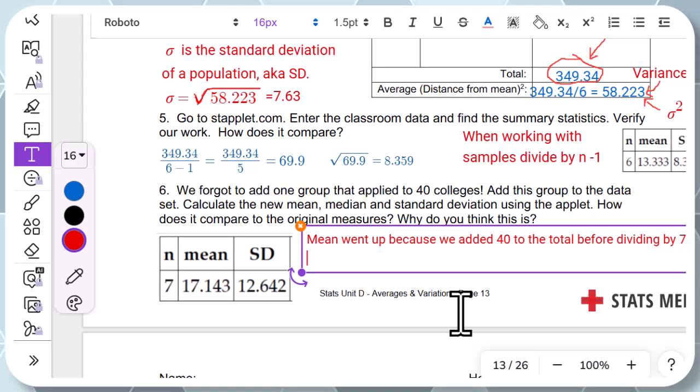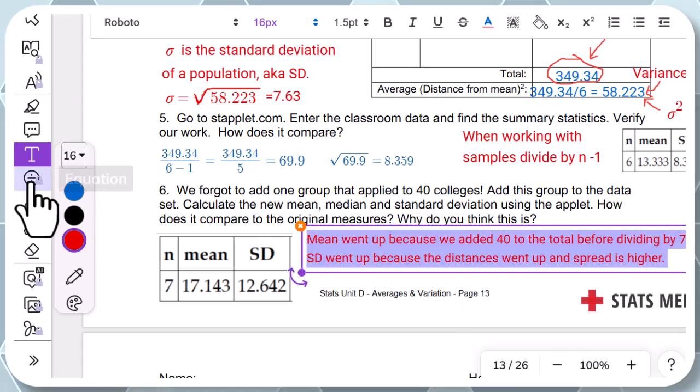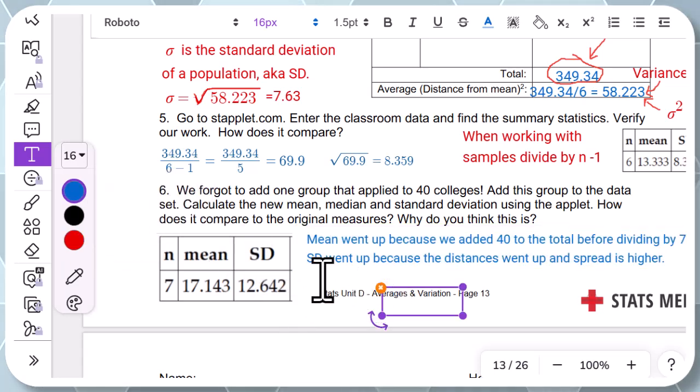And then the SD went up because variance went up. Basically, the distances are greater, and the spread is higher. That's intuitively obvious. You added this point that's way off, so that is what's going on.